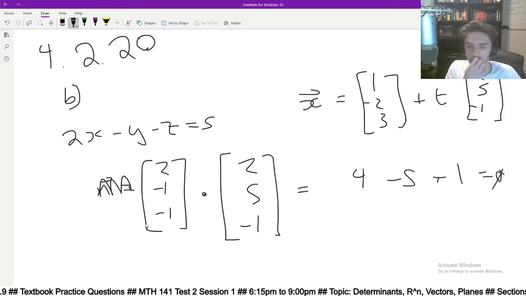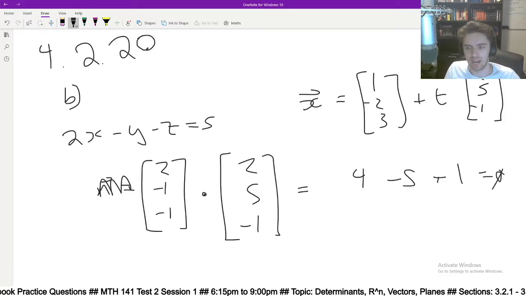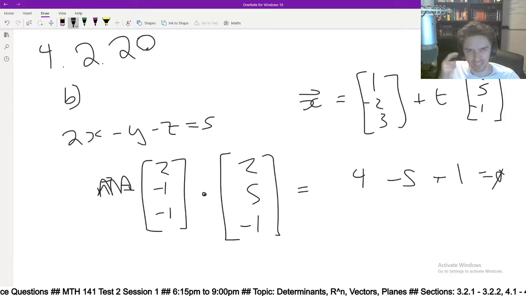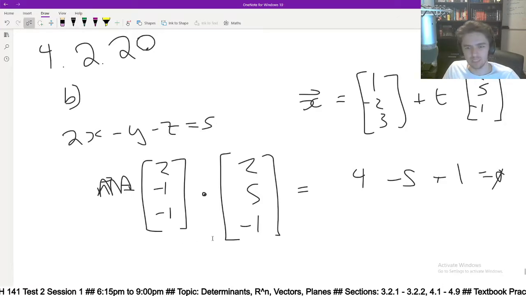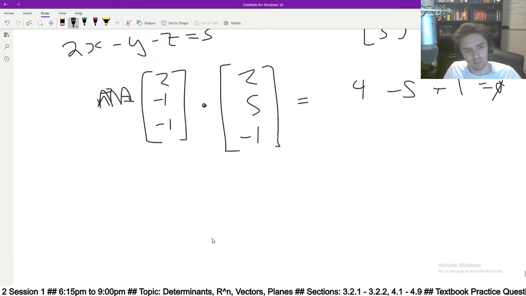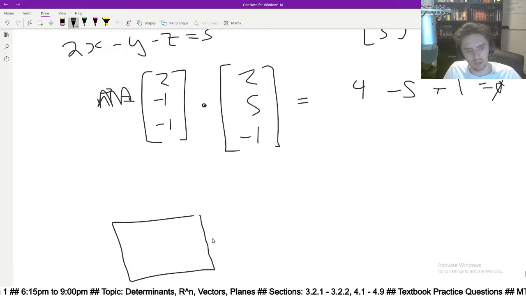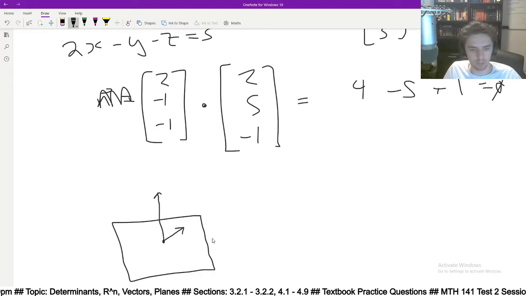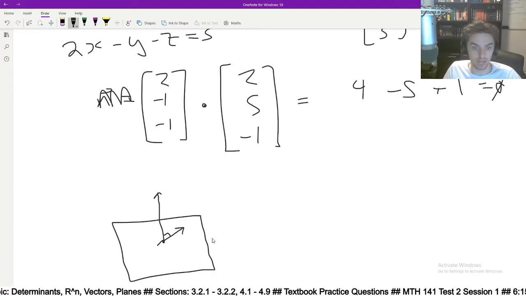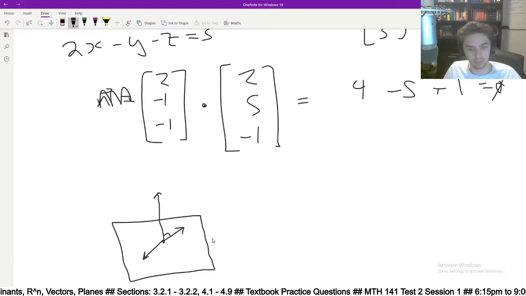As I'm thinking of doing this one check, it actually is helpful for this question. Since the dot product is 0, the direction vector of the line is perpendicular to the plane's normal, which means the line's in the plane, which means there's infinite solutions.